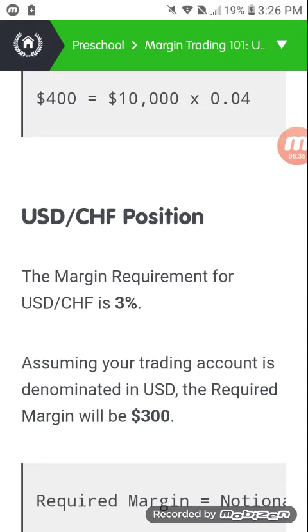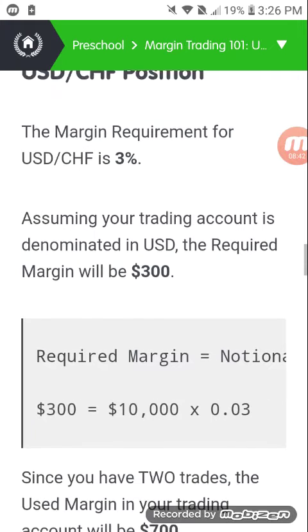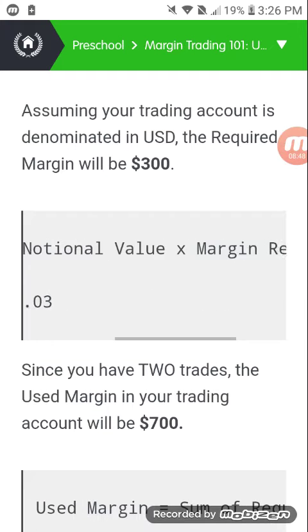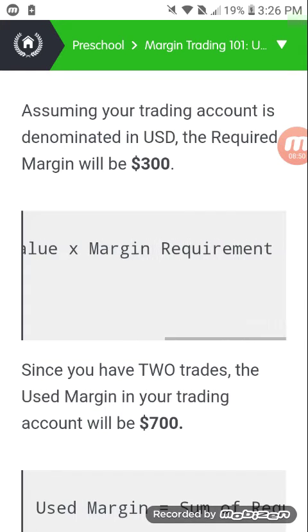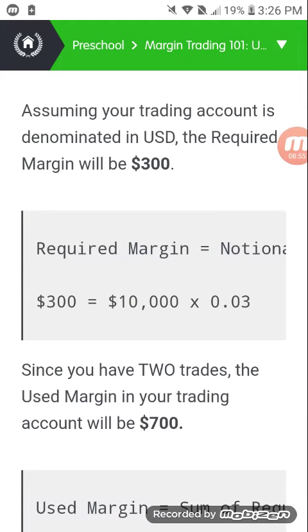Same thing with the USDCHF position. The margin requirement is 3%. Assuming your trading account is denominated in USD, the required margin will be 300. You do 10,000 times 0.03, and it gets you 300.